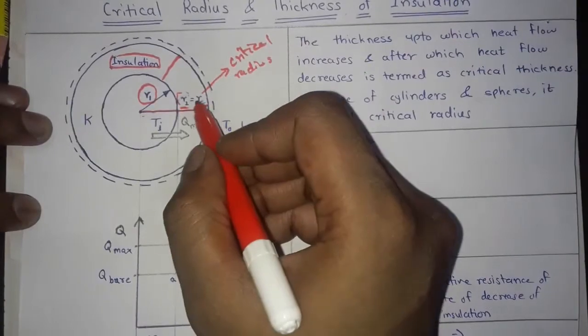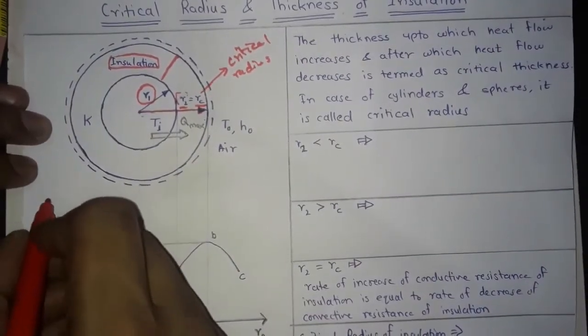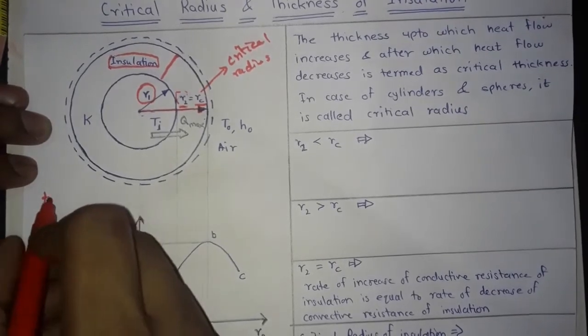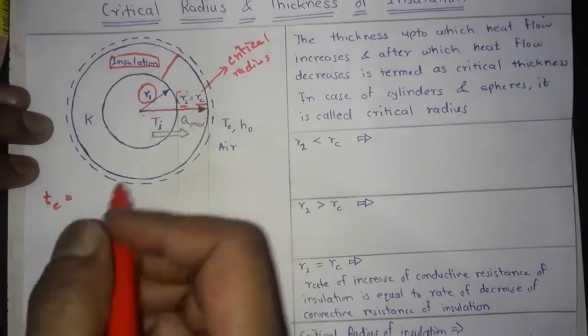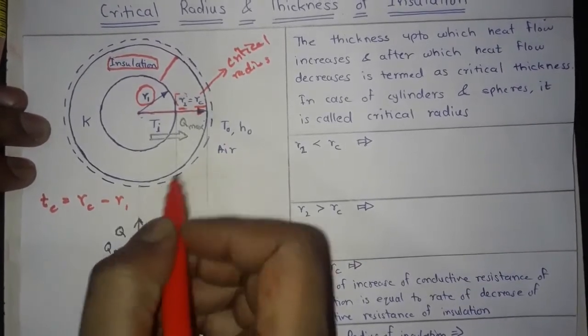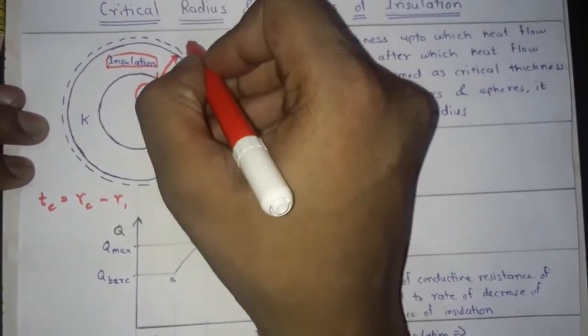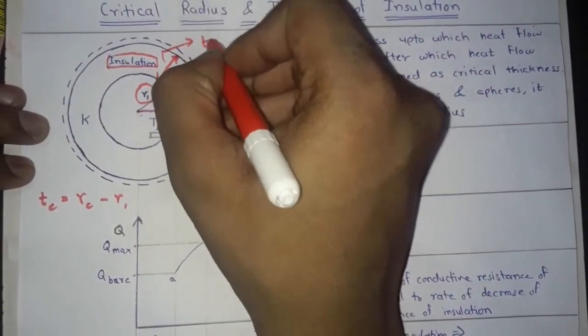Here, as you know, rc is the critical radius, and the critical thickness tc is given by rc minus r1. That is our critical thickness.